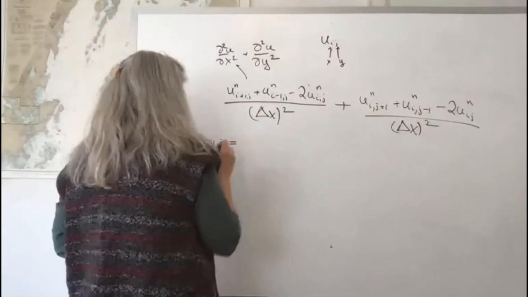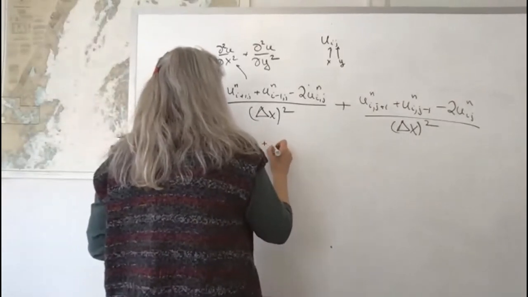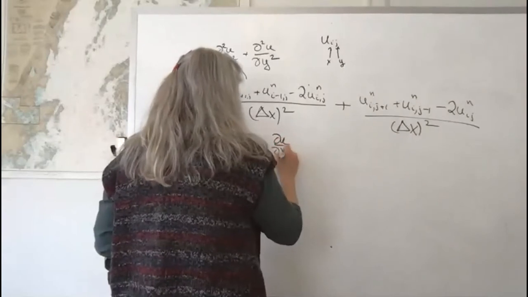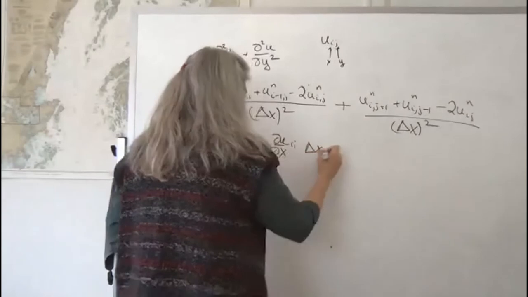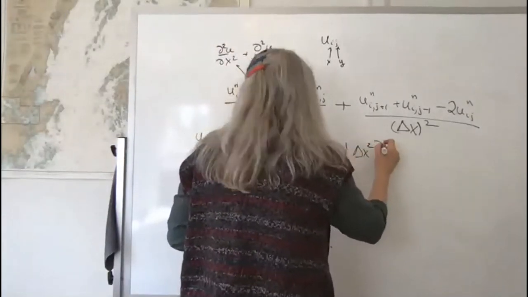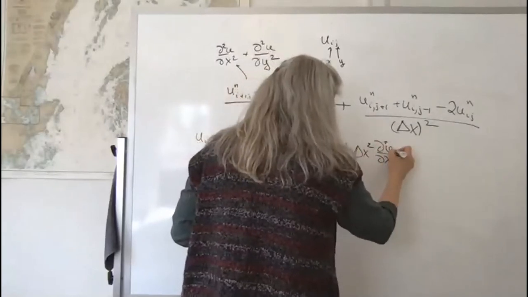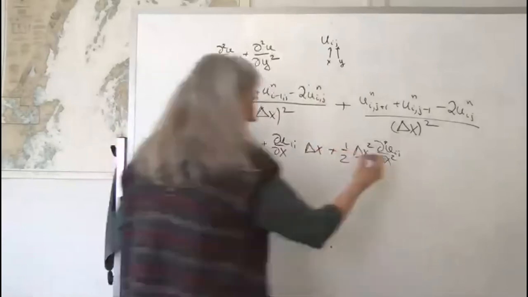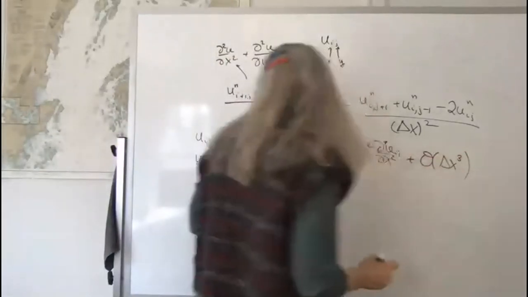So I can do a Taylor expansion: it is equal to u_ij plus du/dx at the ij position times delta x, plus 1/2 delta x squared d squared u/dx squared at ij. So that's just the Taylor series, plus order delta x cubed.